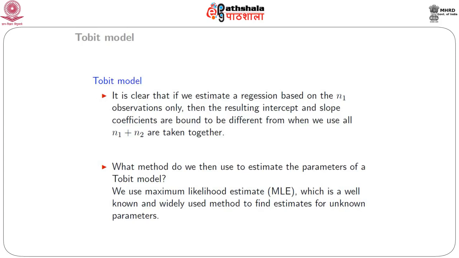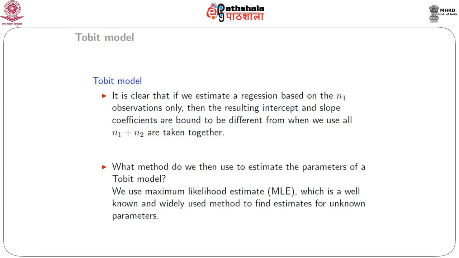So, how do we estimate the parameters in a Tobit model? If we write the probability of yi equals 0 given xi, it equals probability xi beta plus epsilon i less than or equal to 0 given xi, that equals probability epsilon i less than or equal to negative xi beta by rearranging the terms.